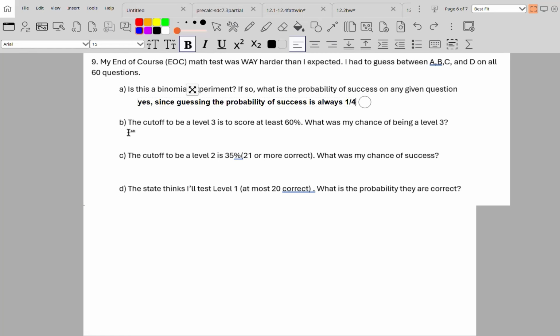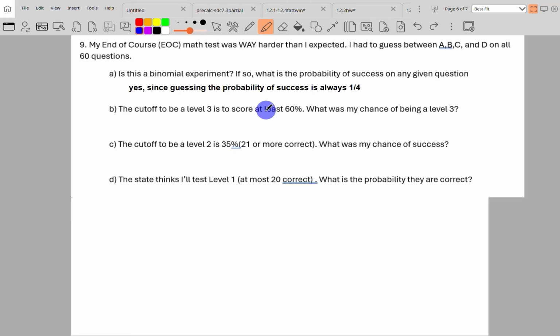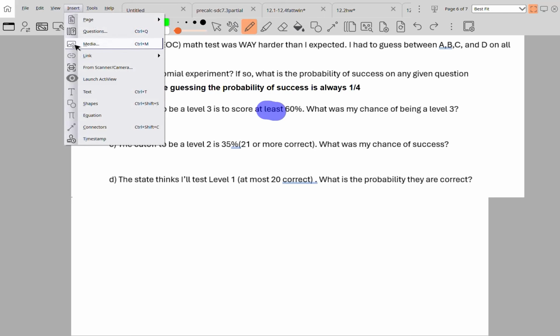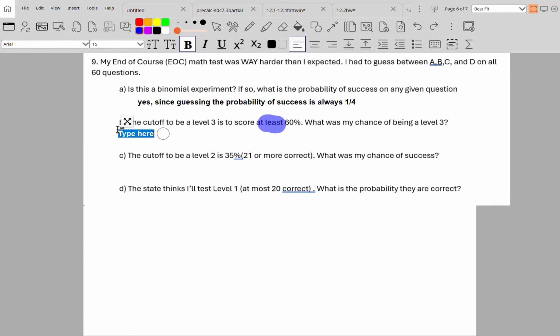The cutoff to be a level 3 is to score at least 60. Now notice the wording, at least 60. Okay, that's a big deal. So let's figure out what 60% of 60 is, and it's going to be 0.6 times 60, and that's going to be 36.